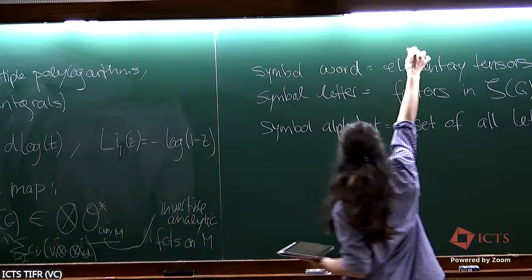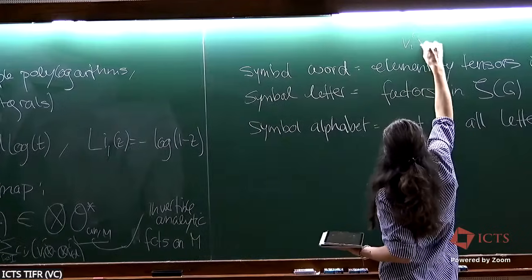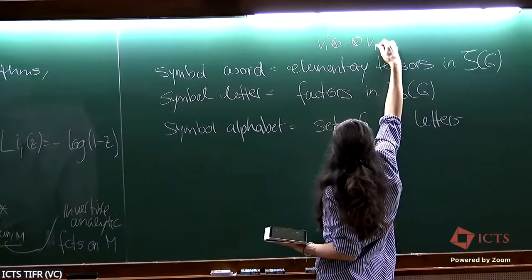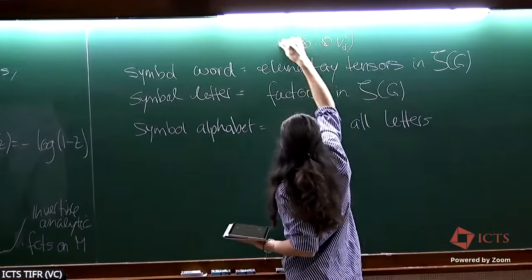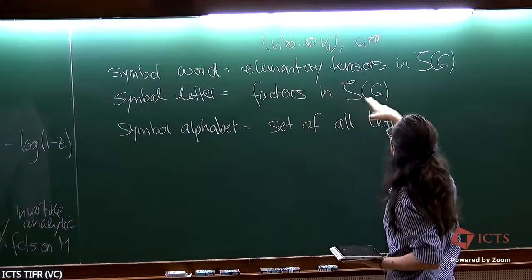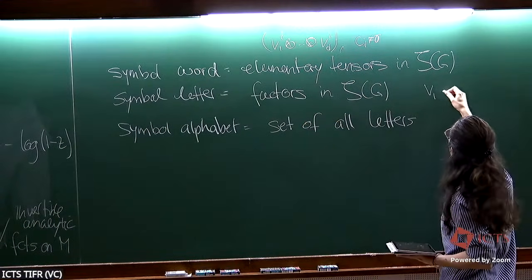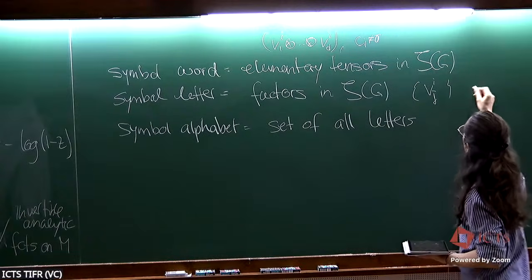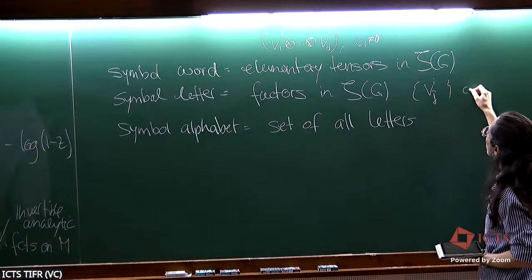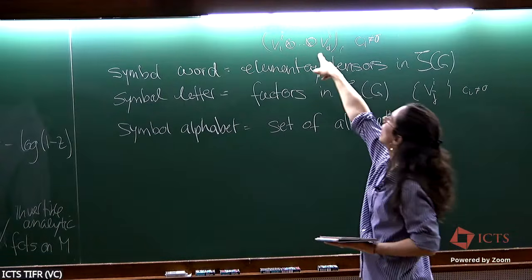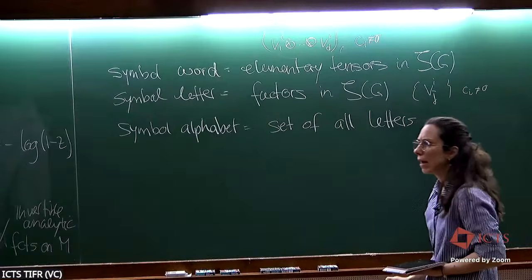So these words would be the elementary tensors where the coefficient is non-zero, and the factors would be all the v_ij's such that their c_i is non-zero, and this is one of the functions that appears in my tensor product.